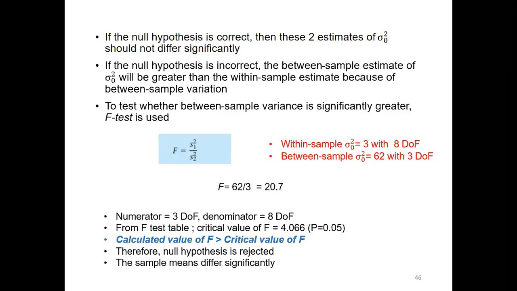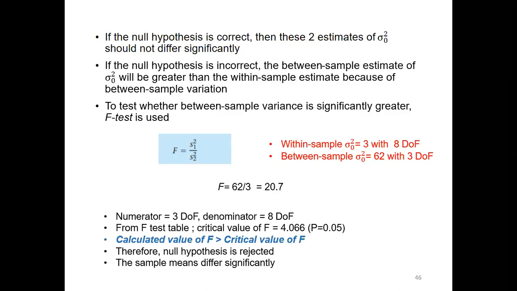So in this example, we compared 4 sample means using ANOVA, and determined whether the sample means are significantly different or not.